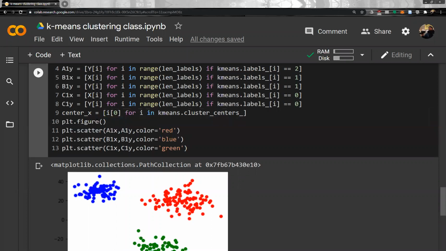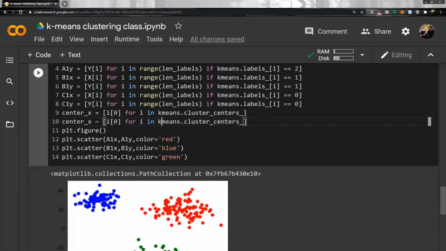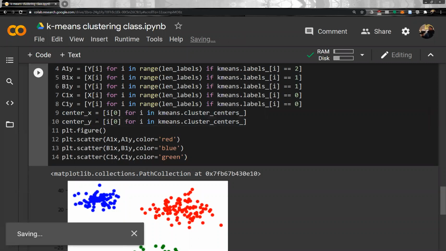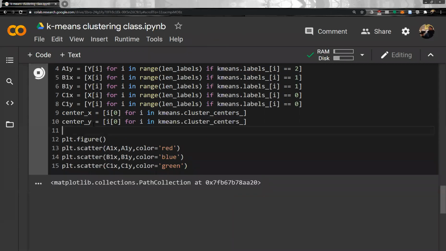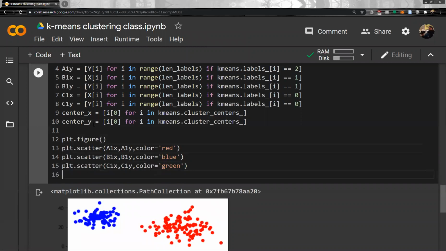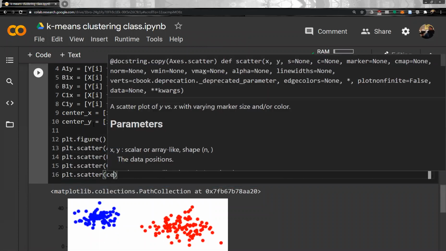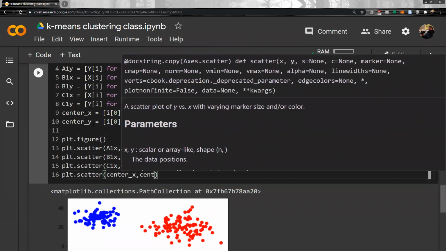For cluster centers, we pick those. And then center Y is also from the cluster centers. Change line. We pick the cluster centers such that plt.scatter center X and center Y.